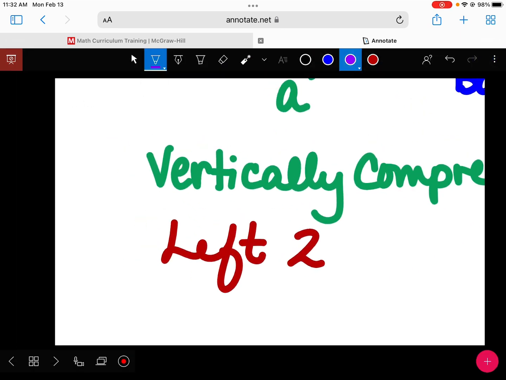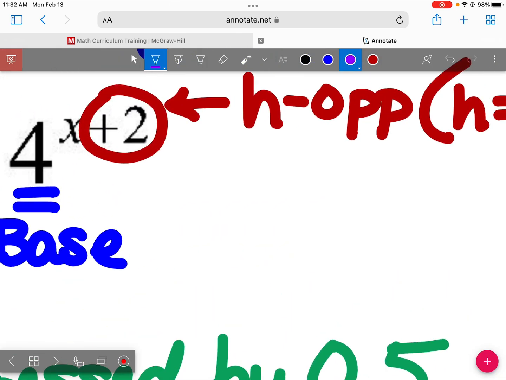Do I have a K value? No, which means K is 0. So I'm not going up, I'm not going down. I don't need to describe that in my transformation because it's not different from the parent. Good. Do you guys have any questions for me about the bell work?